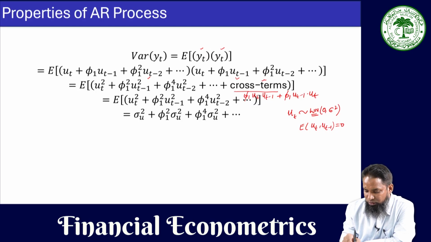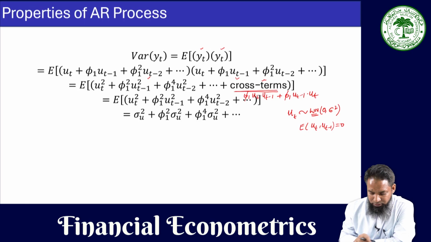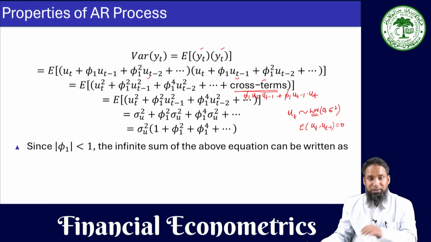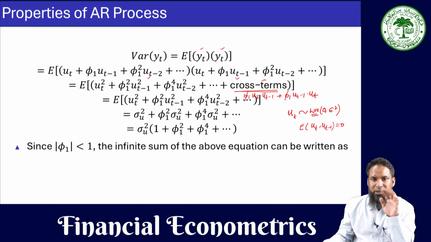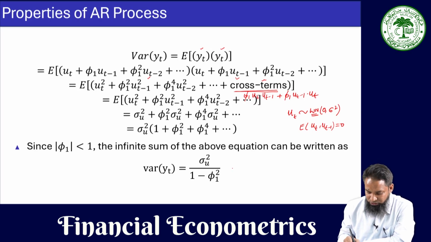So all cross terms turn out to be 0, and we can take sigma square common, leaving 1 plus phi 1 square plus phi 1 to the power 4 and so on. Since the absolute value of phi 1 is less than 1, using the geometric progression formula for the infinite sum, the variance of yt is nothing but sigma square divided by 1 minus phi 1 square. So this will be the variance of yt.